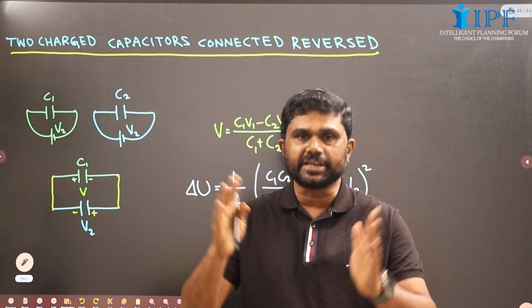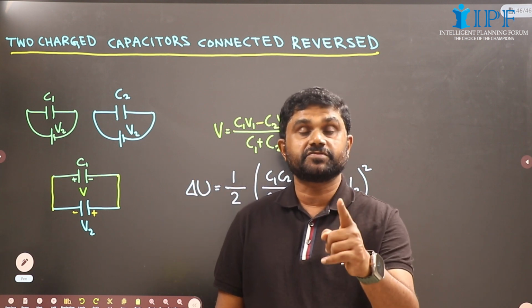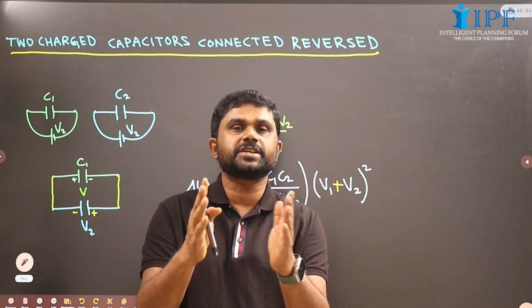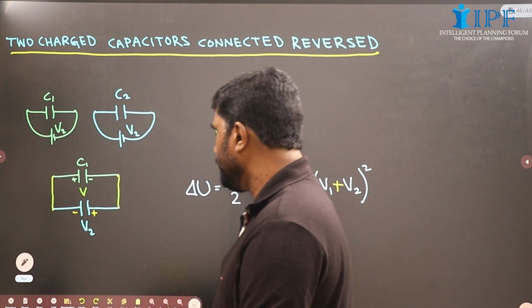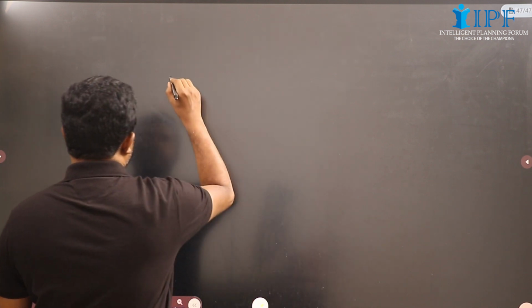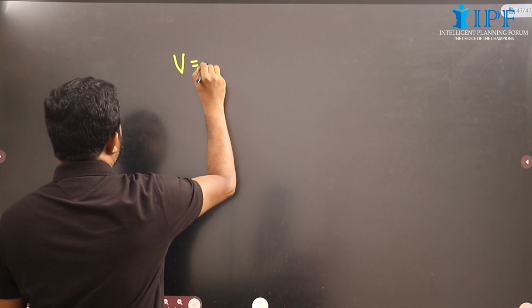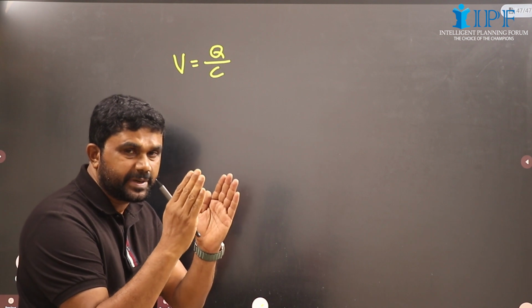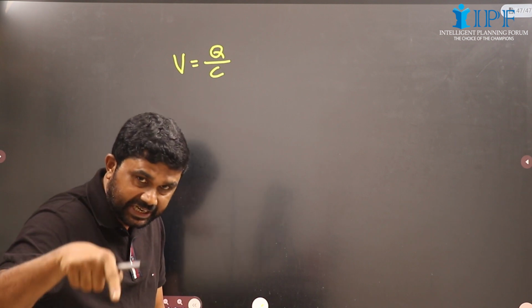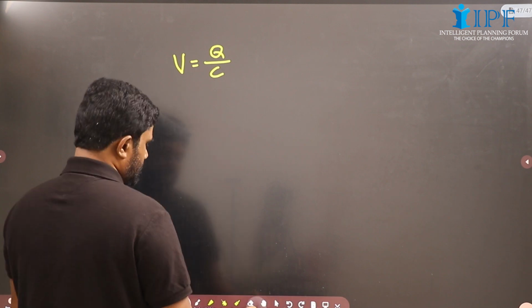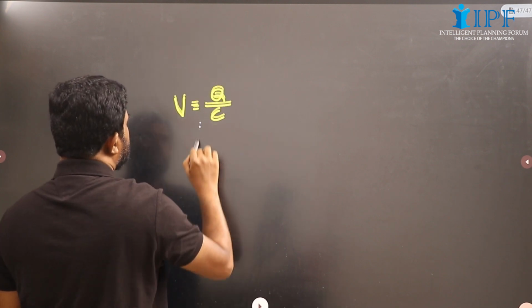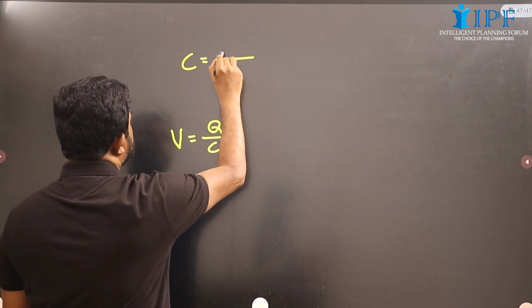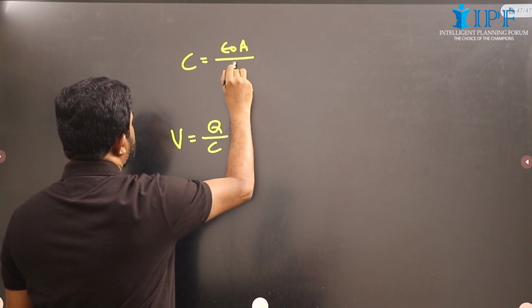But when the separation is increased, what happens? Capacitance will decrease. Now the potential difference between the plates of the capacitor is V equal to Q divided by C. When the separation between the plates is increased, capacitance will decrease, because capacitance C equals epsilon 0 A divided by d.